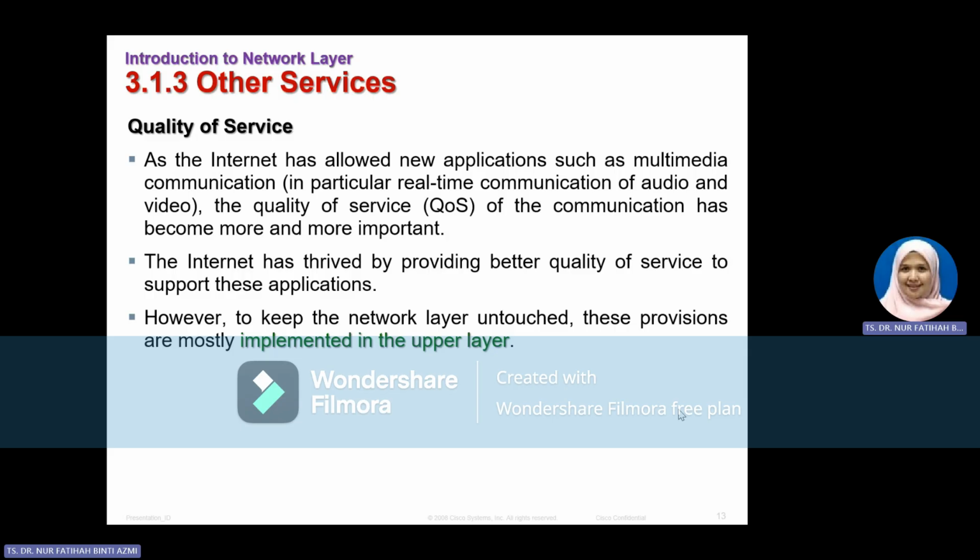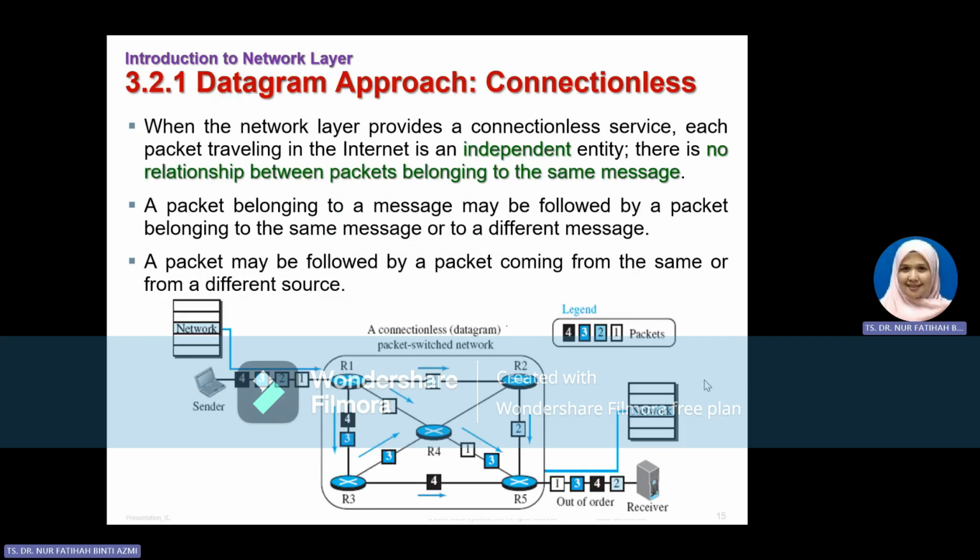QoS ensures that high priority data gets delivered on time. But most QoS control is normally done at the upper layer, not in the network layer. In datagram networks, every packet is independent. Each packet may have a different path.